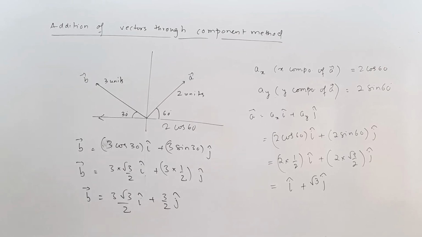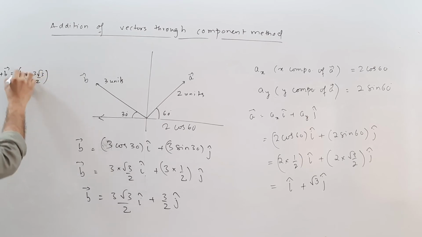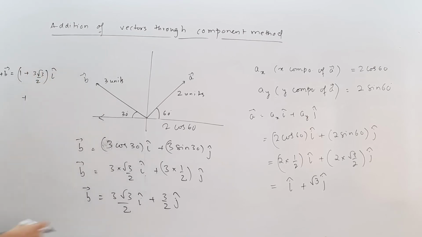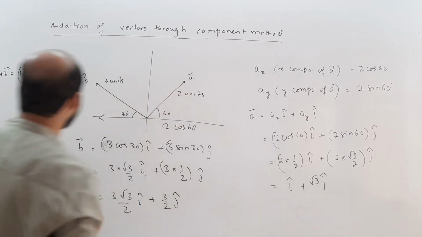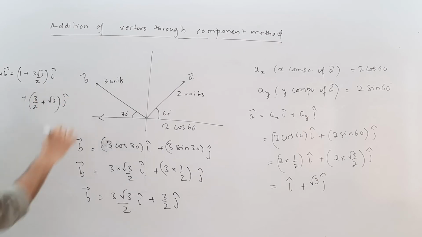So after addition, a bar plus b bar would look like 1 plus 3 root 3 by 2 i cap, that is this plus this, and then 3 by 2 plus root 3 j cap.